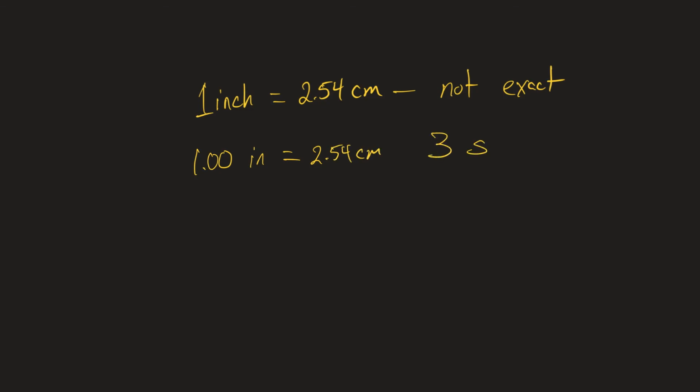And that would be 3 significant figures there, the 100 and the 254. You kind of want to be consistent there to clearly show 3. It would be weird to say, if we looked at this one up here, 1 significant figure on the left and 3 on the right. That's inconsistent. So in a non-exact relationship like this, you've got the same number of significant figures on each side.